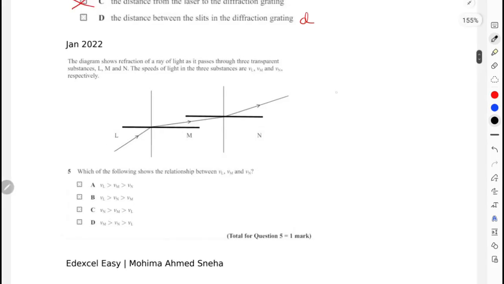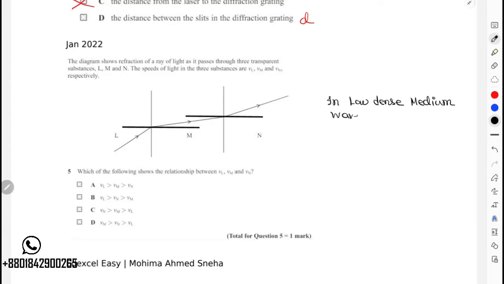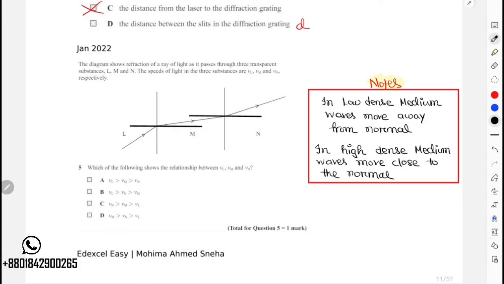Let me write this down as a note. So in a low dense medium, your waves move away from the normal, and in a high dense medium they move close to the normal.